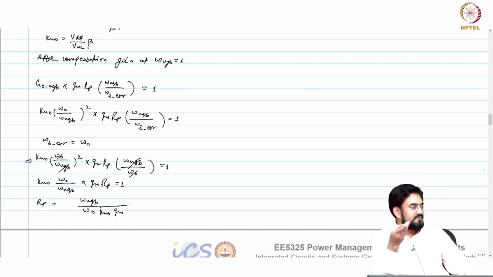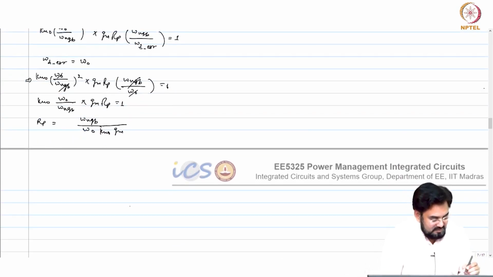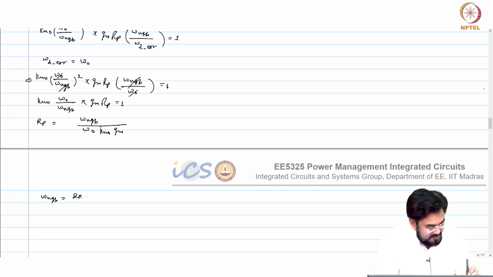Omega UGB is known. You are designing your system and usually you design omega UGB equal to 2 pi FSW over 10, one tenth of your switching frequency. So switching frequency is known, you substitute that, omega naught is known, L and C components you already know, so RP can be calculated from here.